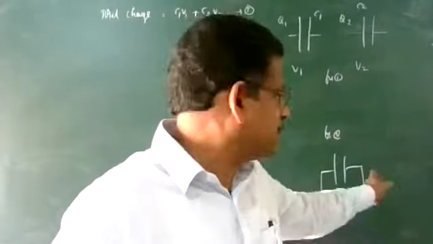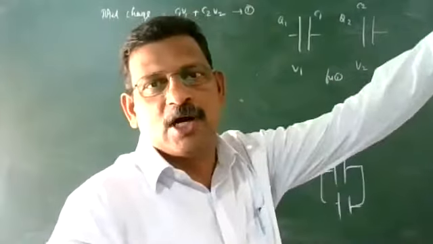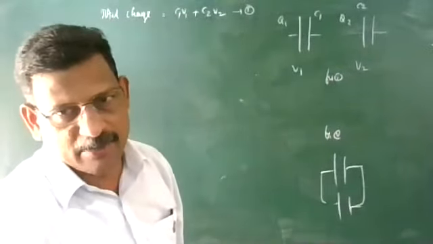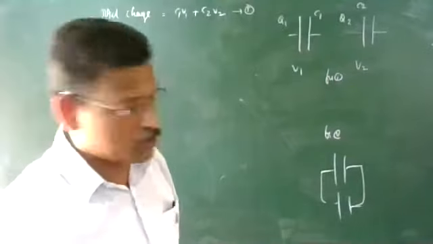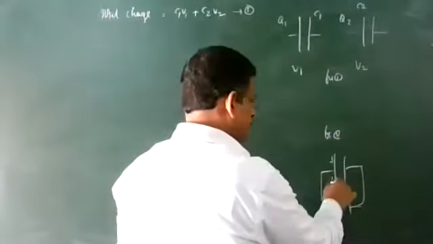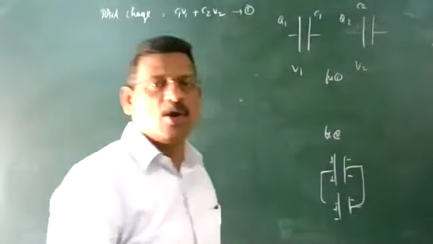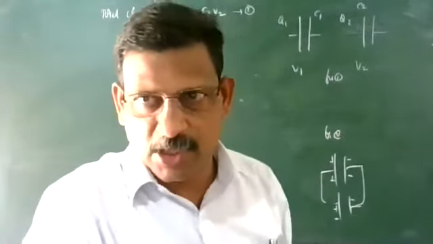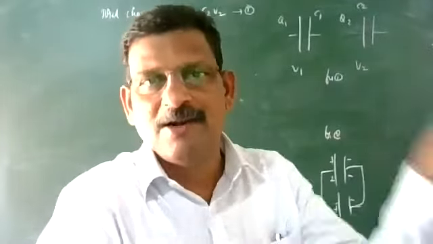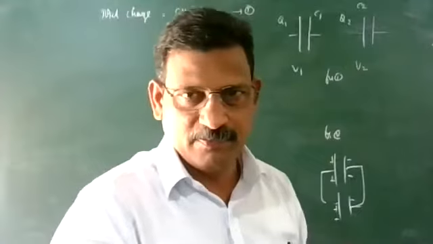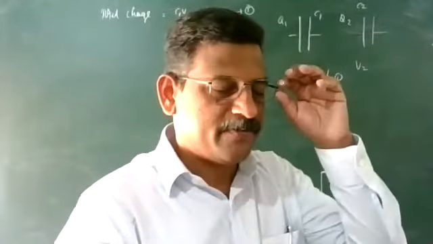As soon as you connect them, the charge flows from the higher potential capacitor to the lower potential capacitor. When you are connecting, charge flows from higher potential to lower potential, till their potentials become equal. So what we are saying?